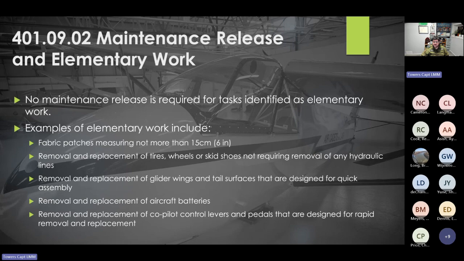Some examples of elementary work include fabric patches measuring not more than 15 centimeters, so 6 inches, removal and replacement of tires, wheels, or skid shoes not requiring removal of any hydraulic lines, removal and replacement of glider wings and tail surfaces that are designed for quick assembly, removal and replacement of aircraft batteries, and removal and replacement of co-pilot control levers and pedals that are designed for rapid removal and replacement. Those are all considered elementary work and don't require a maintenance release.